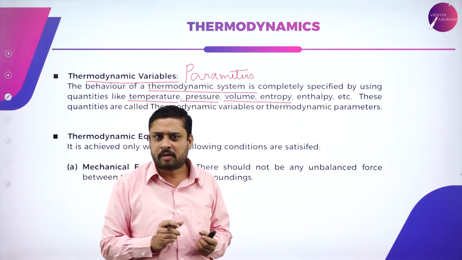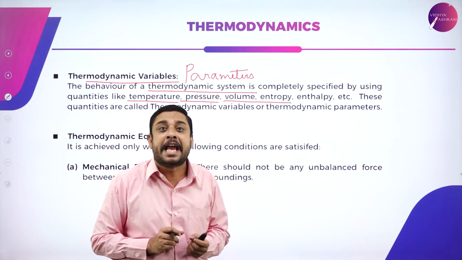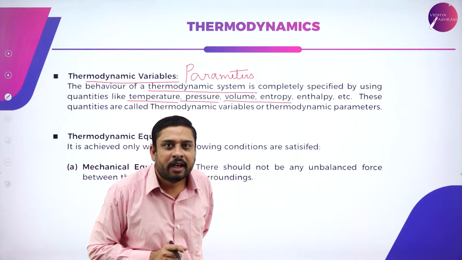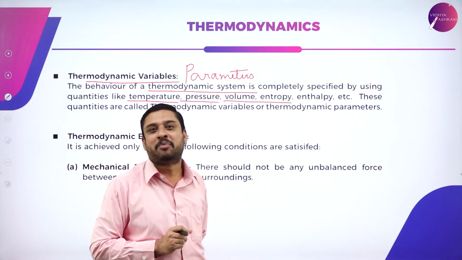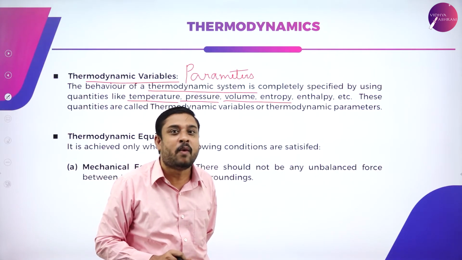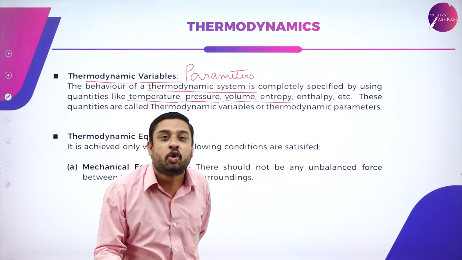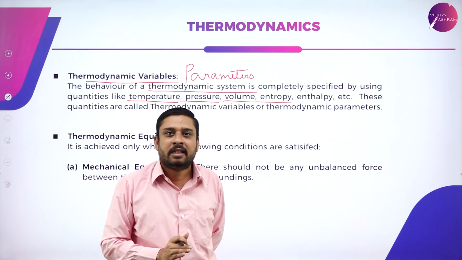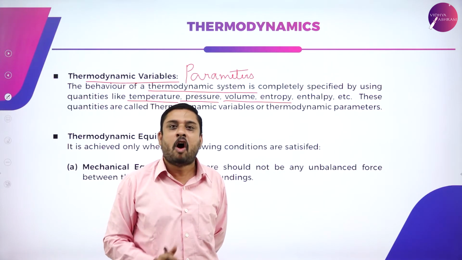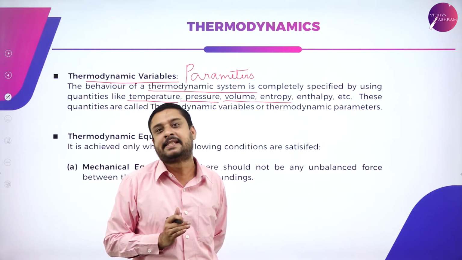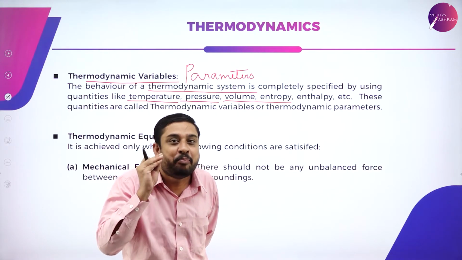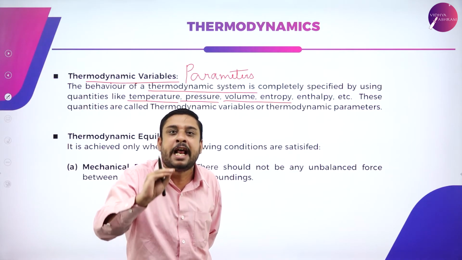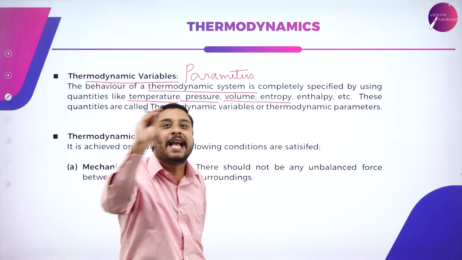For example, if it is an isothermal system, what is the condition? If it is an isothermal system, Boyle's law, you have studied, right? So temperature should remain constant. So to understand the behavior of an isothermal system, I know temperature has to remain constant, whereas pressure and volume keep on changing.